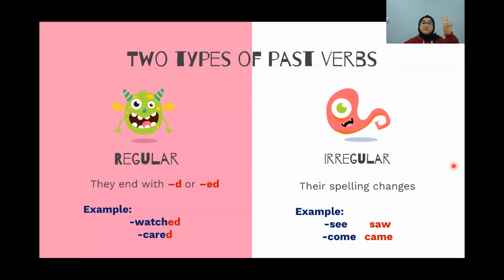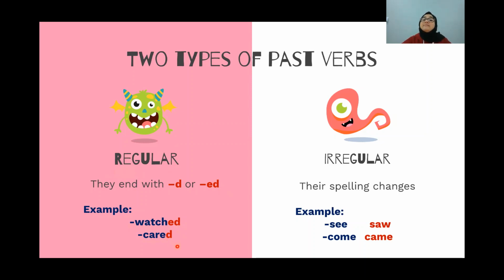And we have two types of them. The first type is regular past verbs that end with D or ED. For example, we have two verbs here. The first one is watch. Watch is in the present. When we want to make it past, we add ed to it, so it becomes watched. Care is in the present.